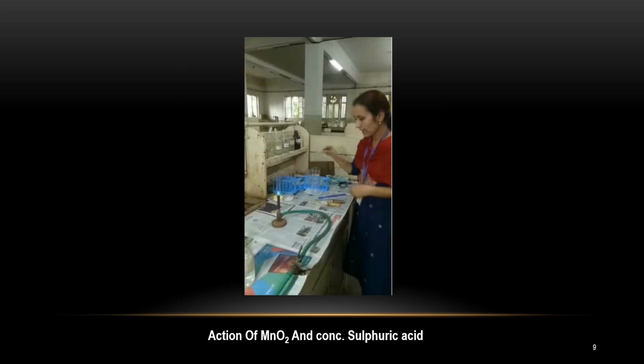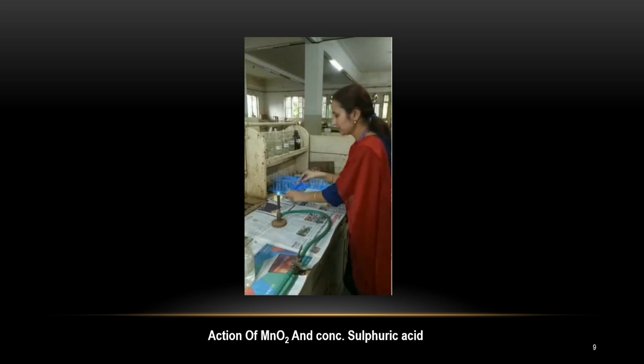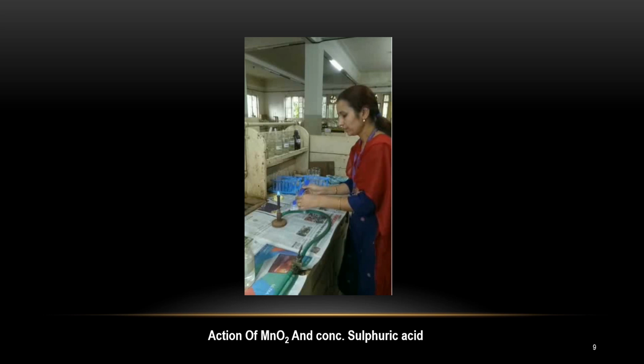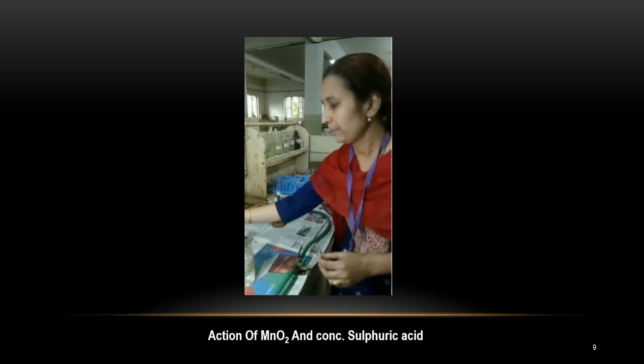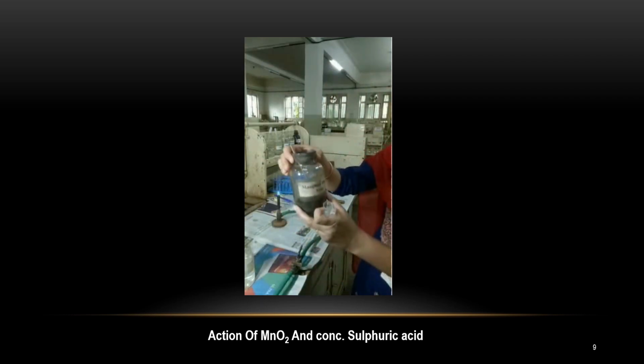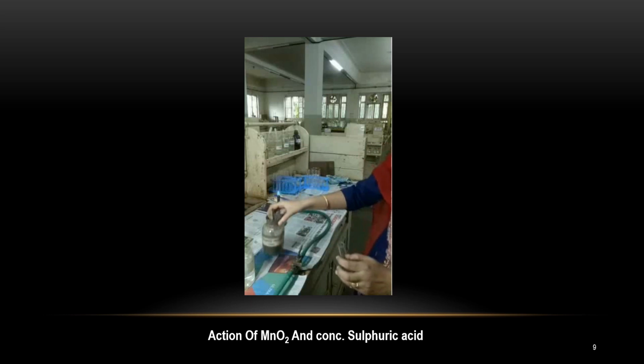For this test, add a small amount of substance in a test tube with the help of a spatula. Then add MnO2 powder, black color MnO2 powder.